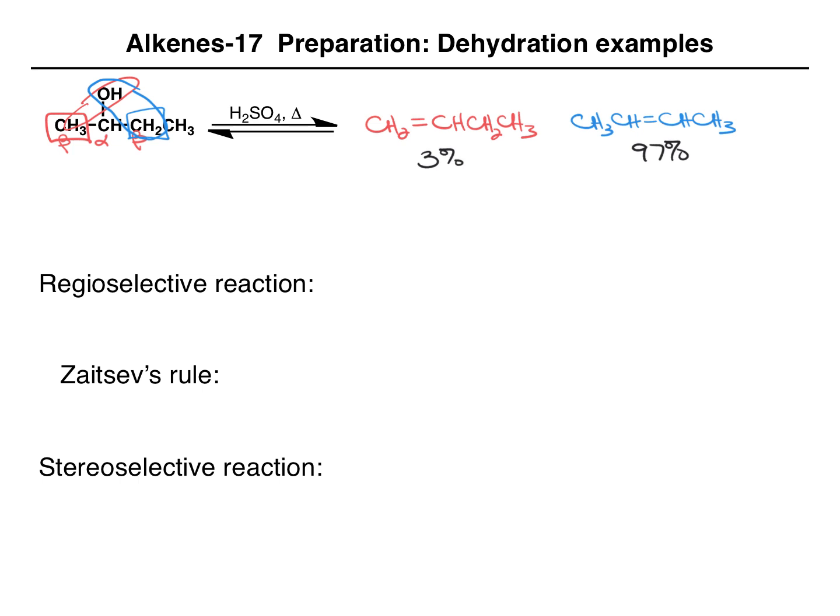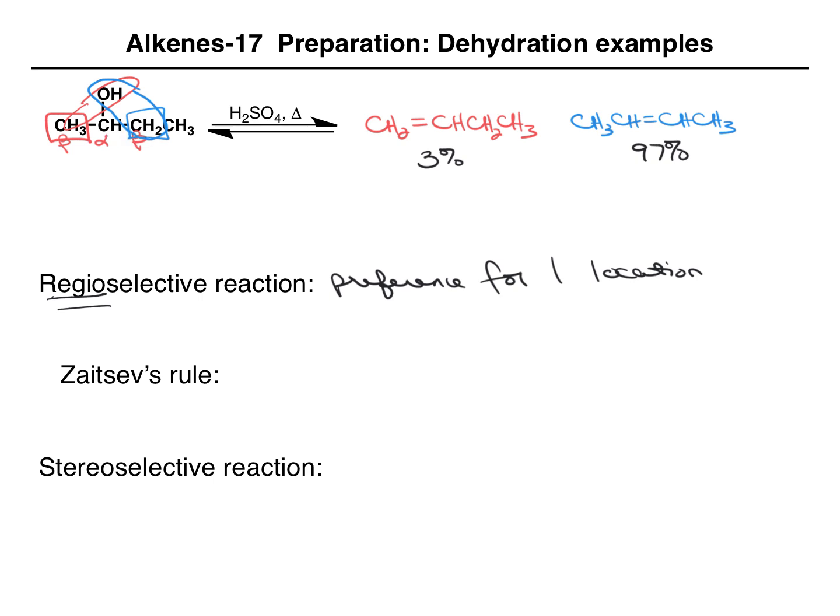So this is an example of a regioselective reaction, when a reaction can occur in different locations, but shows a preference for one location. So this reaction could occur here or here, but there's a strong preference to occur here.